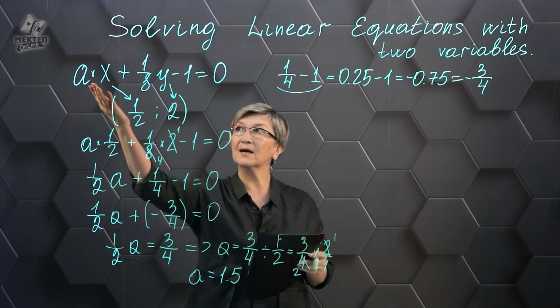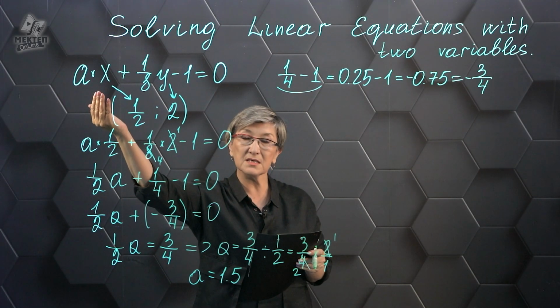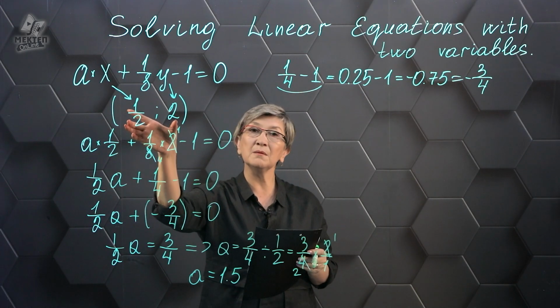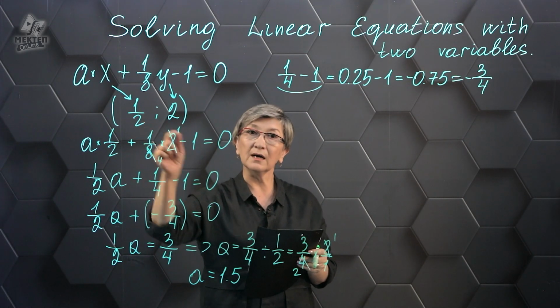In our case, when the coefficient a is 1.5, then our linear equation with two variables has a solution, the point 1/2 and 2.